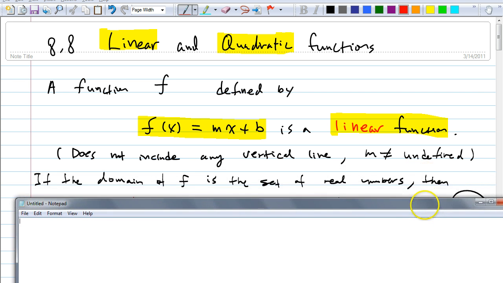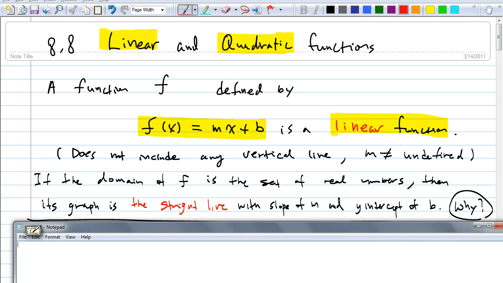And write this down. So that means if the domain of this function f is the set of real numbers, then its graph is the straight line with slope of m, of course, and y-intercept of b.